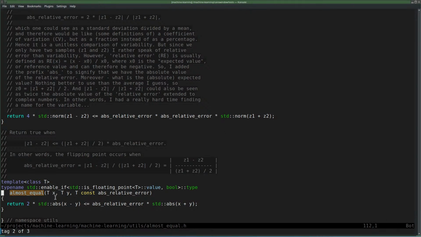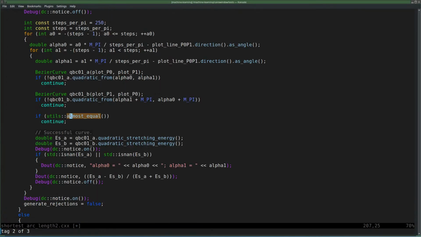Going to use 2 values and an absolute relative error. 10 e minus 6. It's good enough for me. So something, comma something, comma 10 e minus 6.